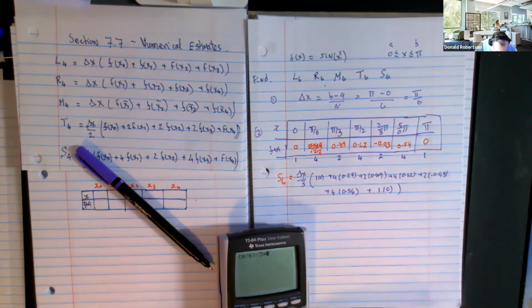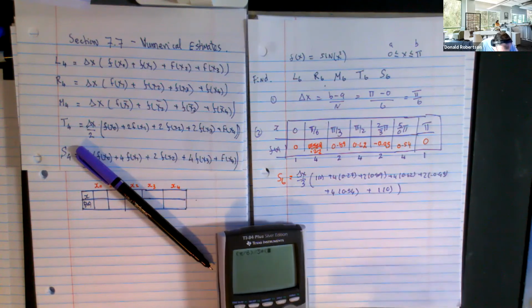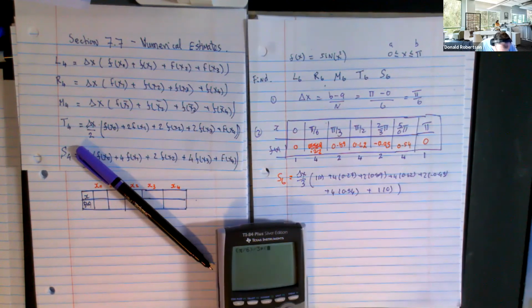Times a bracket. That guy is 1 times nothing, so I'll just put in nothing. Add 4 times the next guy. Add 2 times the next guy. Add 4 times the next guy.